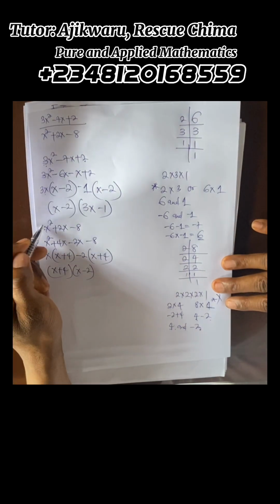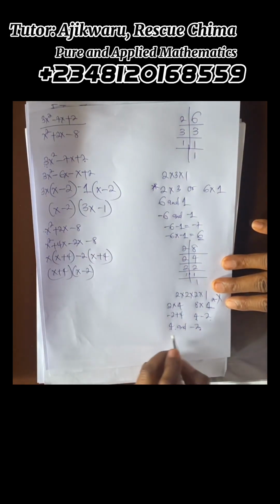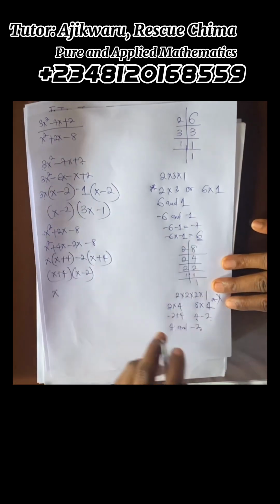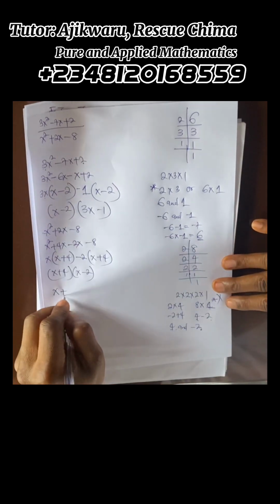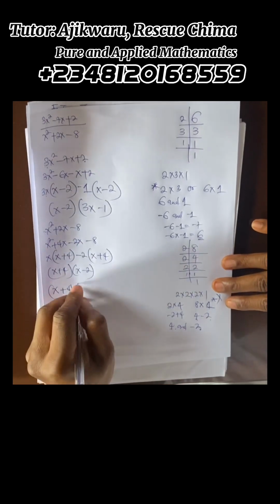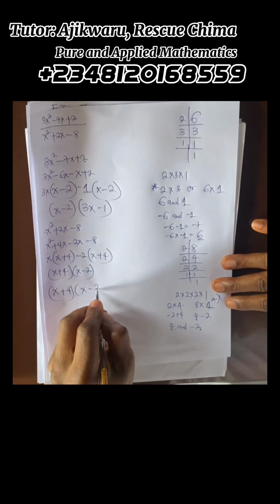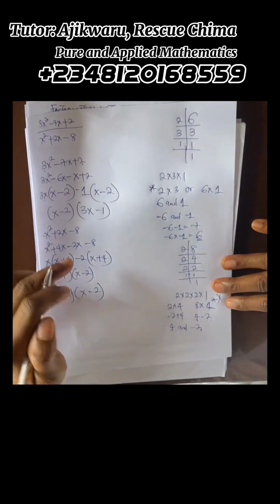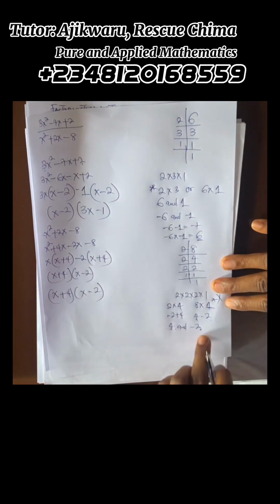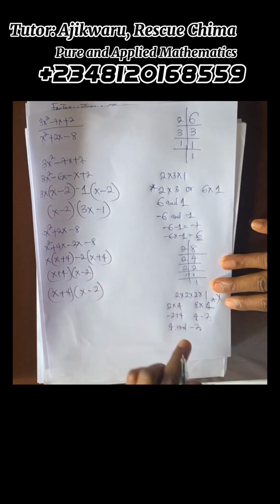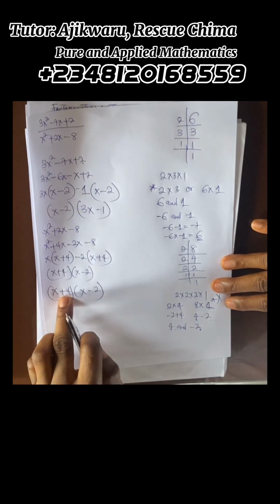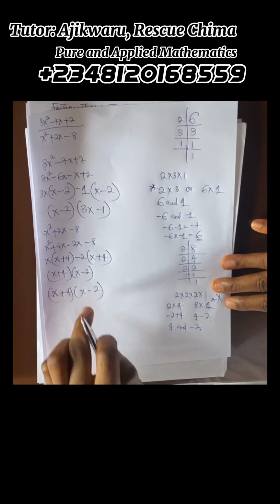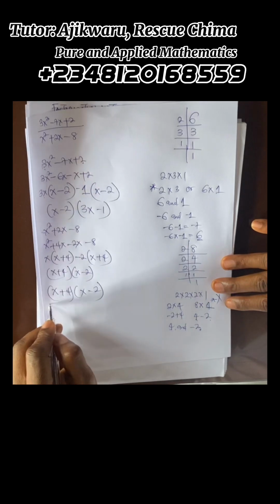I'm talking about when the coefficient is 1. Whenever you've gotten these two numbers, what you simply do is x, put the value here, plus 4, this is a positive 4, and then x, this is a negative 2. And that's the factorization. No need to go through this process. When you've gotten the two numbers that satisfy this expression, say x, put the first term, and then bracket x, the next term, and that's the factorization.